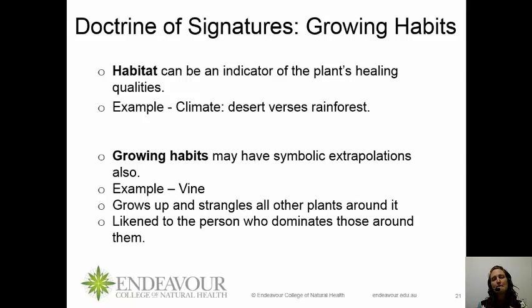When we consider where plants grow, we can have a little indication about the vitality that's required in order to grow in those areas. A plant growing in the desert, for example, that thrives on really quite oppressive, abusive-like conditions, may have quite a strong doctrine of signatures, and you see this in Australian bush flower essences.